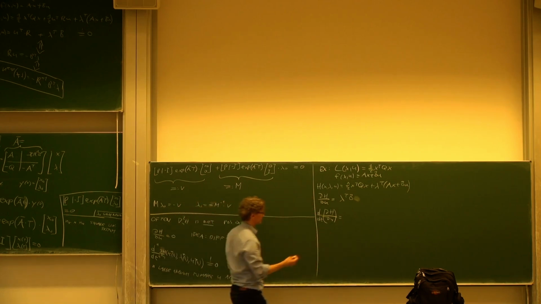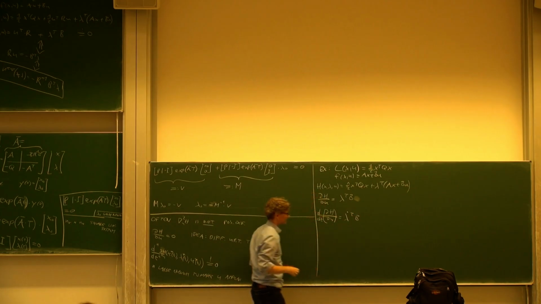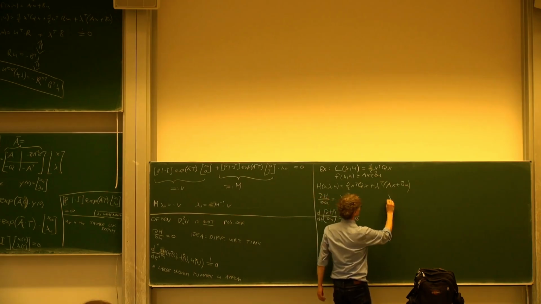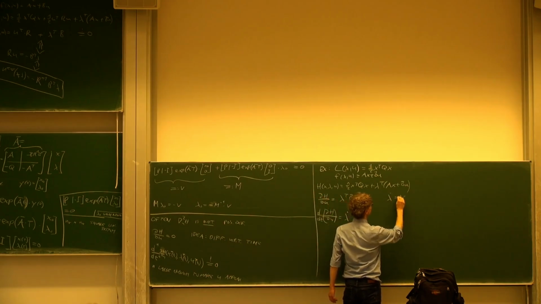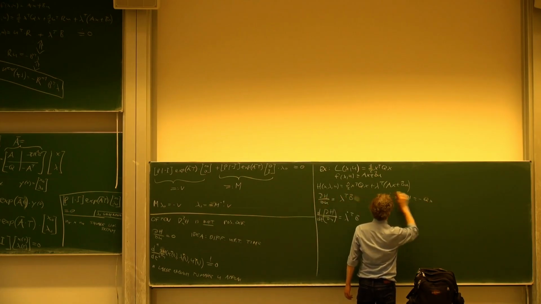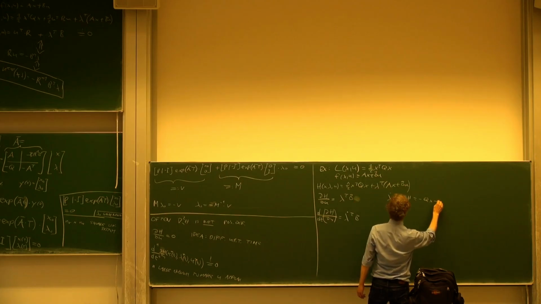What I will get is actually lambda dot transpose B. Now lambda dot I know is minus the gradient in x of the Hamiltonian, which is, I see it, it's actually okay, minus Qx here, and here I get minus A transpose lambda, right?